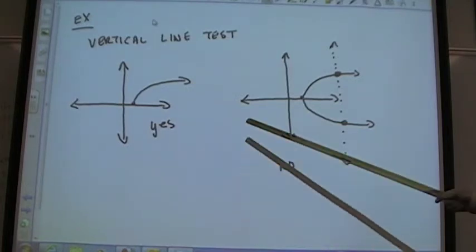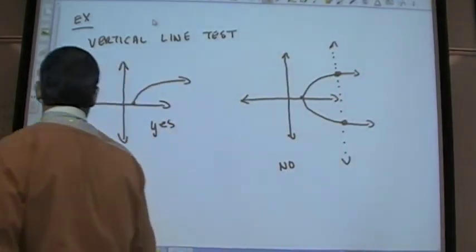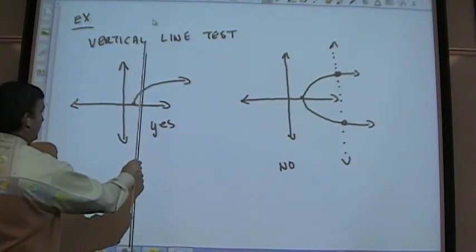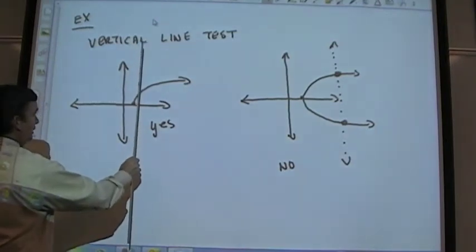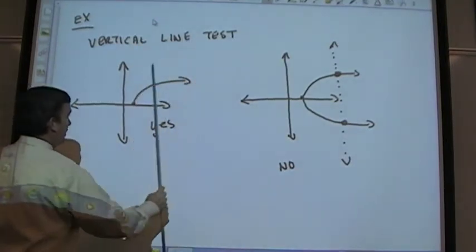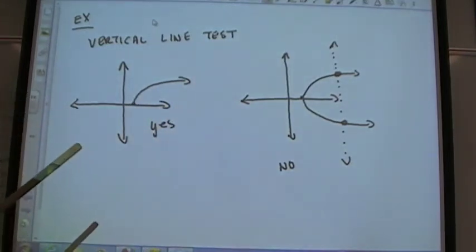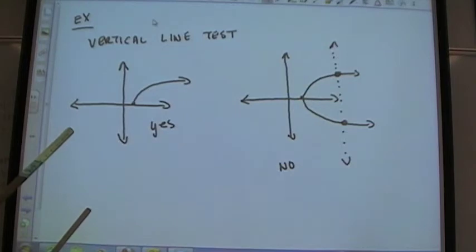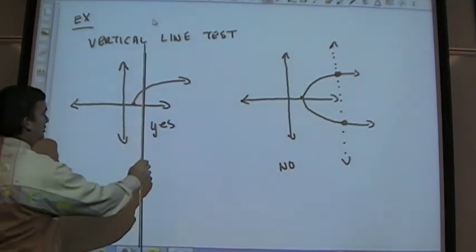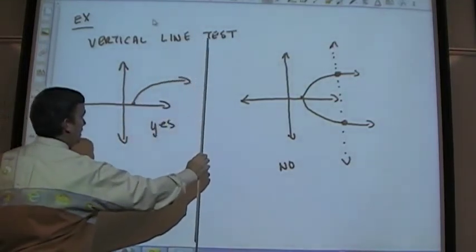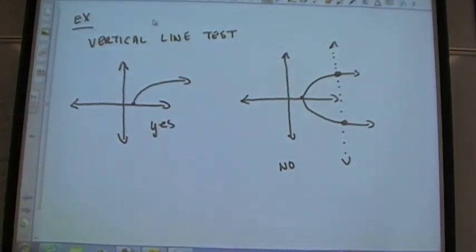The first one is a function, because there's nowhere I could draw a vertical line. This is vertical, right? If I just move that along, there's no way it can intersect this curve more than once at any point. So just picture it. It's never intersecting more than one time.